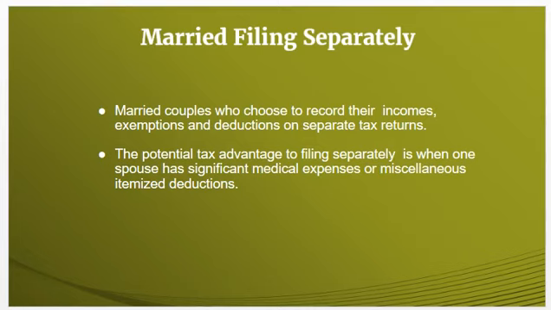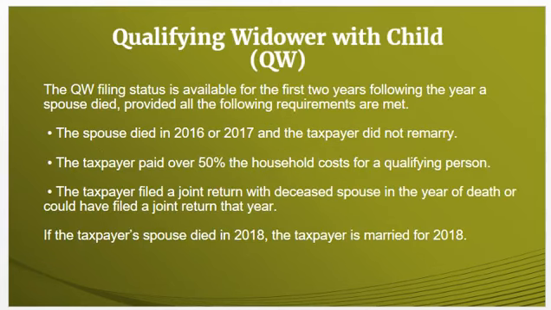Certain couples choose to file separately. For certain couples, there's actually a tax advantage in filing separately. There are lots of disadvantages for married filing separately tax status, but some taxpayers do benefit from it.